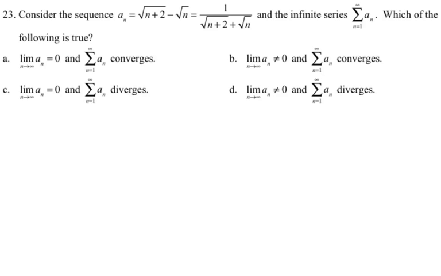Let me check that. I'm just checking this on my computer here. So I'm going to multiply by the square root of n plus 2 minus square root of n over square root of n plus 2 minus square root of n.